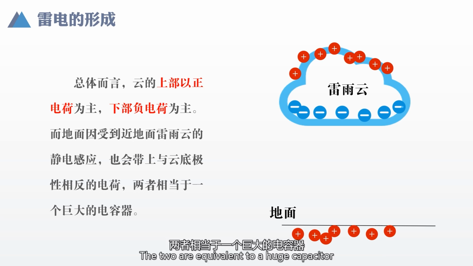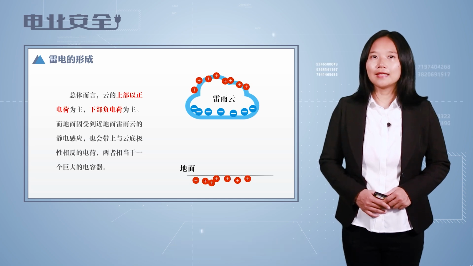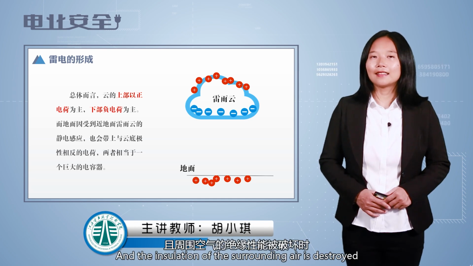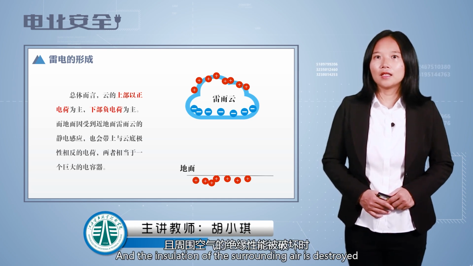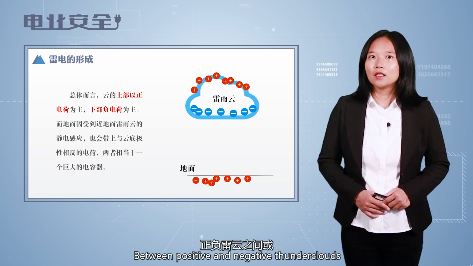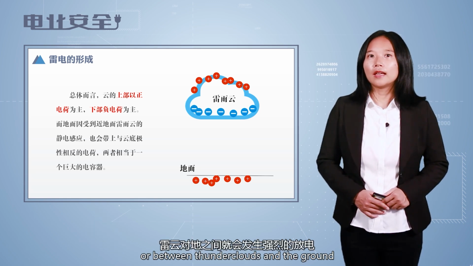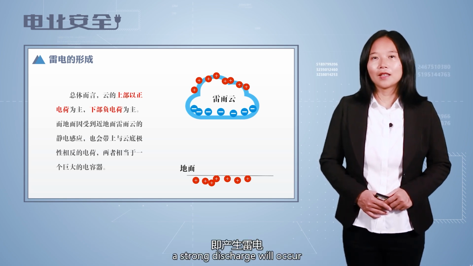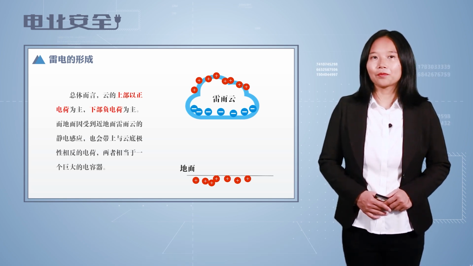The two are equivalent to a huge capacitor. When the strength of the electric field formed by the thundercloud reaches a certain value, the insulation of the surrounding air is destroyed, and between positive and negative thunderclouds or between thunderclouds and the ground, a strong discharge will occur.